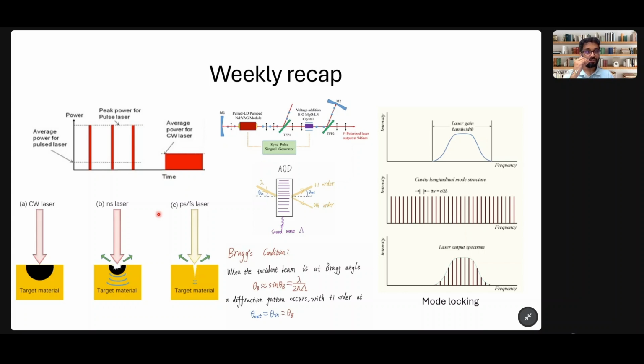in different modes. These modes are actually frequencies at which the laser can operate, and these will be in multiples of the specific nu naught, which we can compute by using the length of the lasing medium. So it will depend on the speed of light as well as the length of the lasing medium.